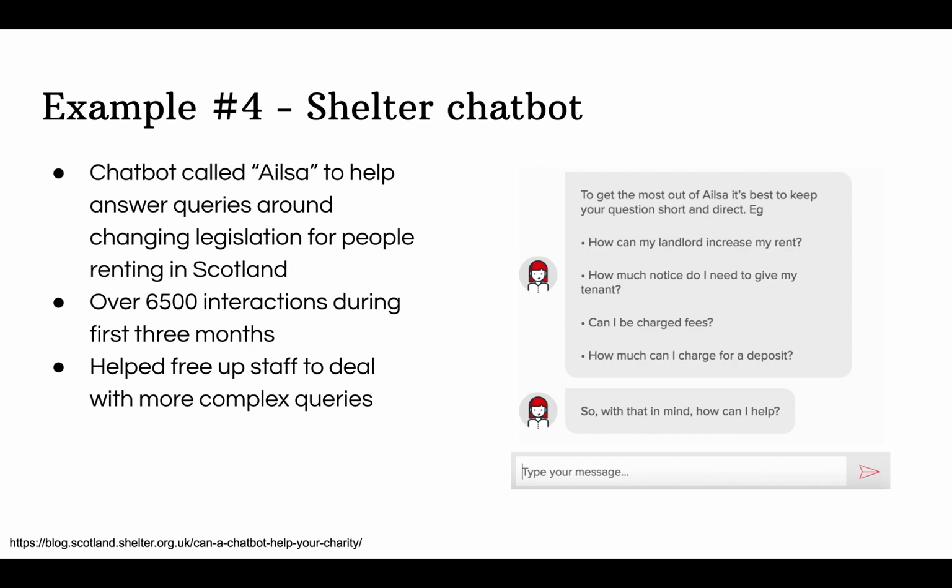As you can see, it was set up for an initial 3-month trial, and it had over 6,500 interactions during that time. This was a few years ago, and if you look at the website now, you can still find that chatbot is live, so it must be working for them. Effectively, what it helped to do was free up staff to deal with more complex queries. And that's really what automation is all about. It's freeing up people to do their jobs better.